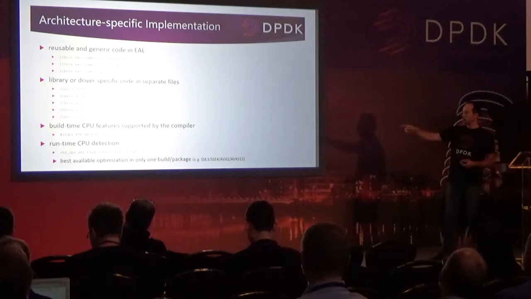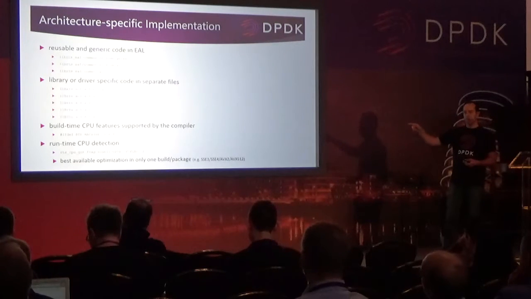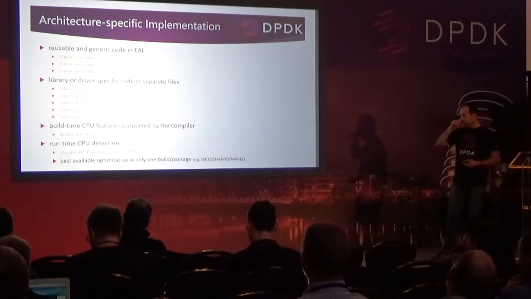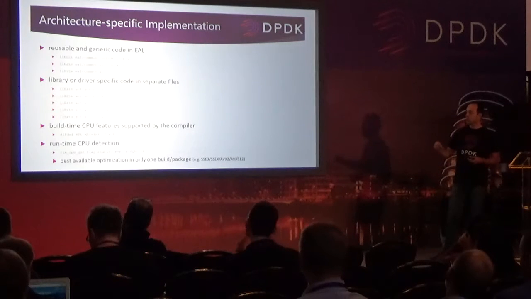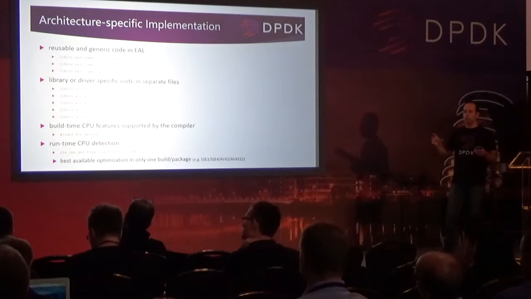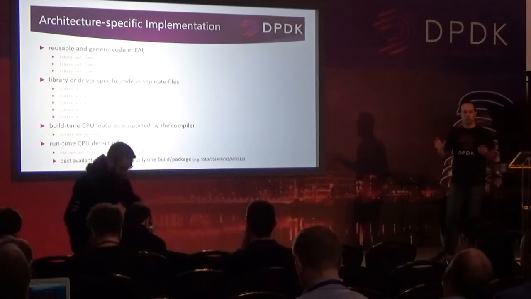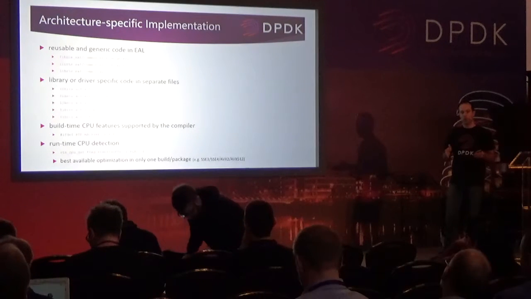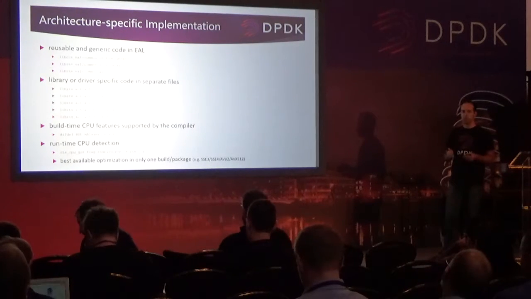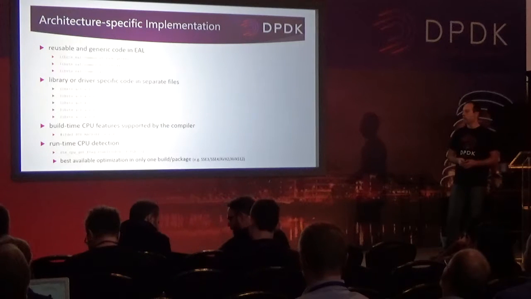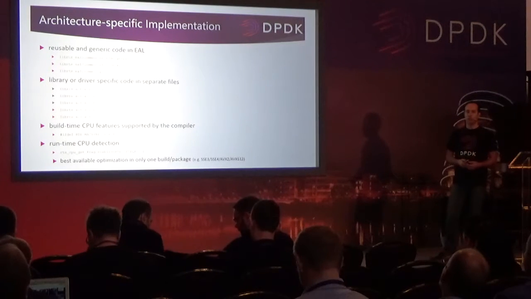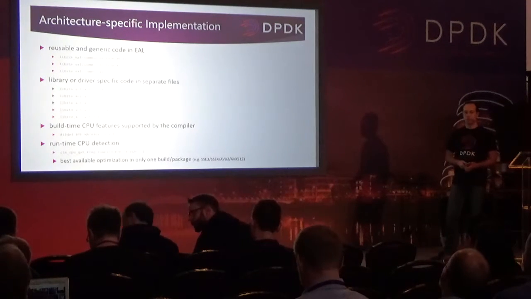We have a function for that. We check at runtime which CPU support we have. And so when we build DPDK, we build every available optimization for this architecture, and at runtime we choose the best one. It's really important, especially for packaging and distributions.